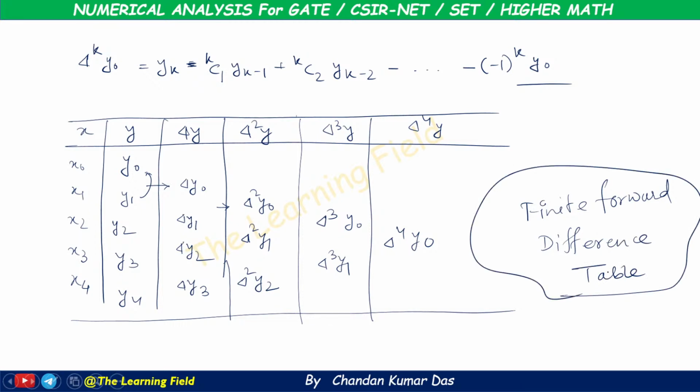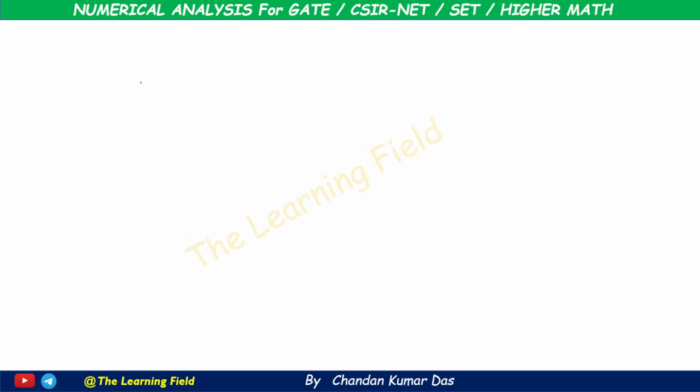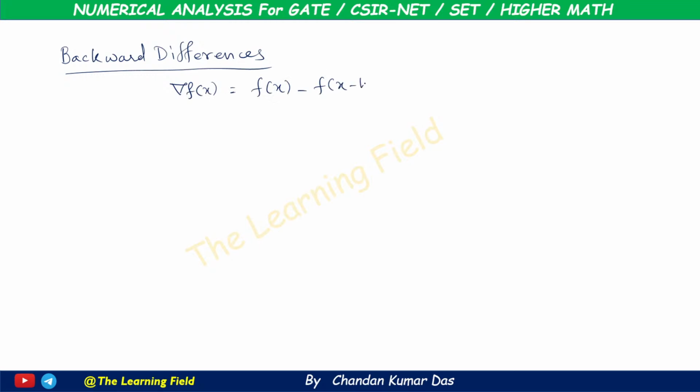Now we go to the backward differences. The backward difference of any function is defined by delta f(x) equal to f(x) minus f(x minus h).